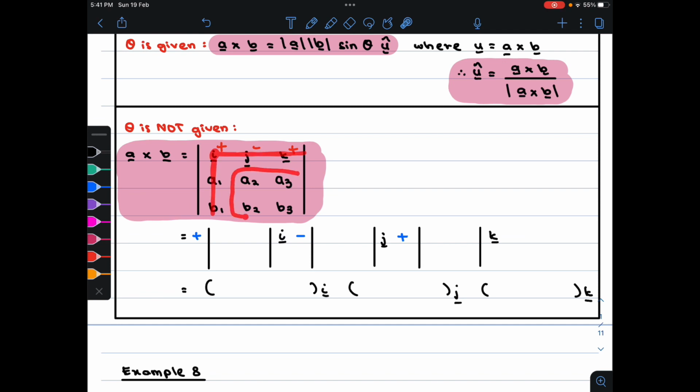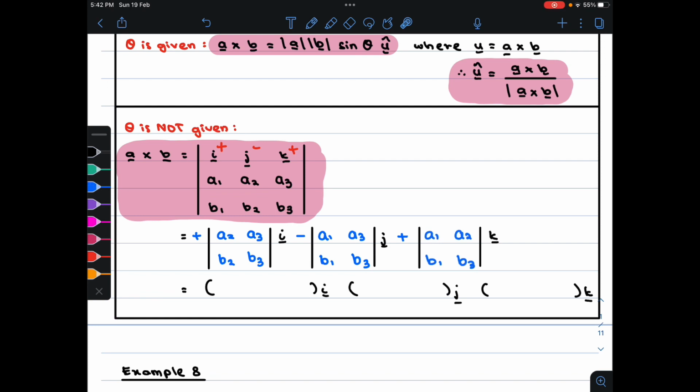So you're gonna take the rest of it and put it inside the determinant for I. Next, for j, j is here, so you're gonna close the first row and the second column. So you're gonna write down the rest of it in the determinant for j. And the last one is for k. Since k is here, we're gonna close the first row and the third column. So we're gonna write the rest of it into the determinant for k.